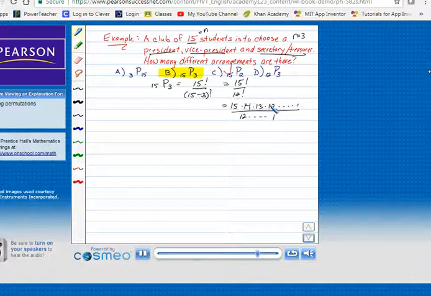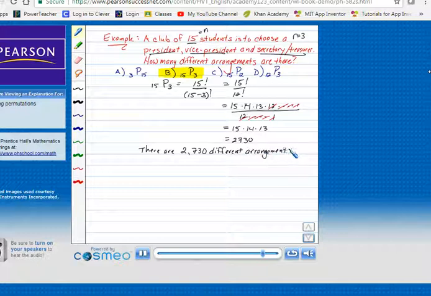Notice the 12 all the way to 1 cancels, and what we're left with is 15 times 14 times 13. That's just 2,730. So we could say there are 2,730 different arrangements.